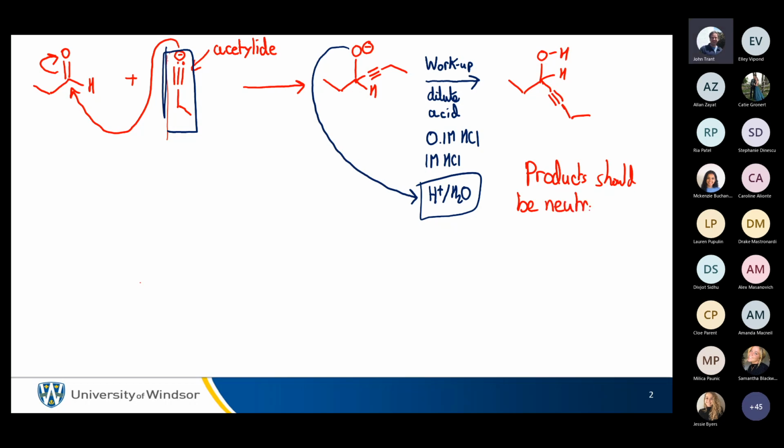So in general, with very few exceptions, products should be neutral. You shouldn't leave some negatively charged oxygens or positively charged carbons lying around and say, hey, I've got my product. Your product should be neutral.